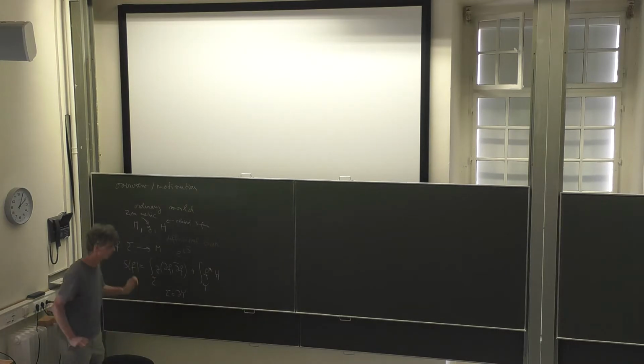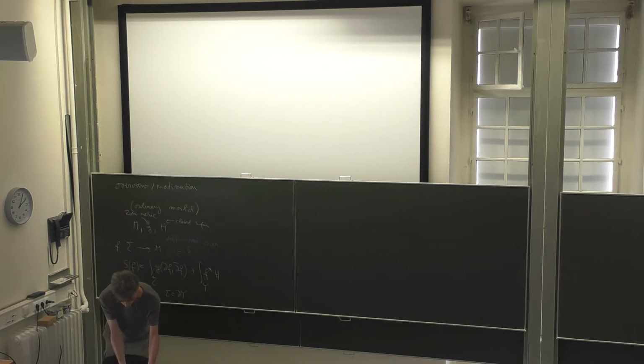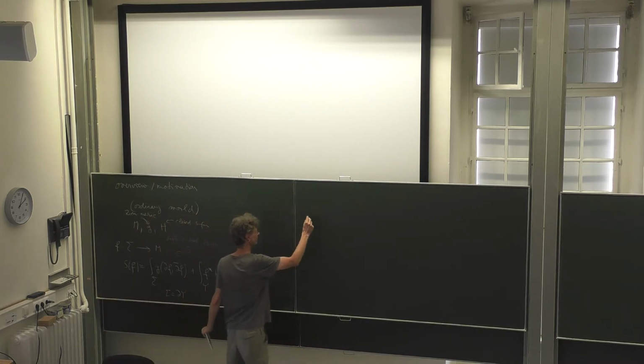And the thing is, as I said, this was something happening in an ordinary world, and then there are some kind of generalized worlds, or maybe right here, Courant algebroids.